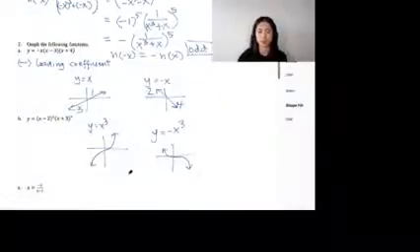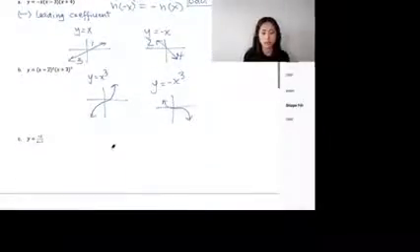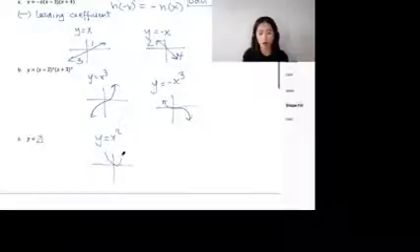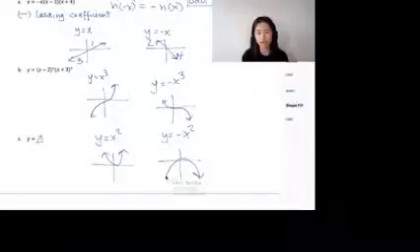So let's just scroll down just to see and compare them. So y is equal to x squared. This is going to be on quadrant 2 and quadrant 1, right? And if you have y is equal to negative x squared, you're going to have that on quadrant 3 and quadrant 4. Does that make sense? So it matters where you're going to graph that.